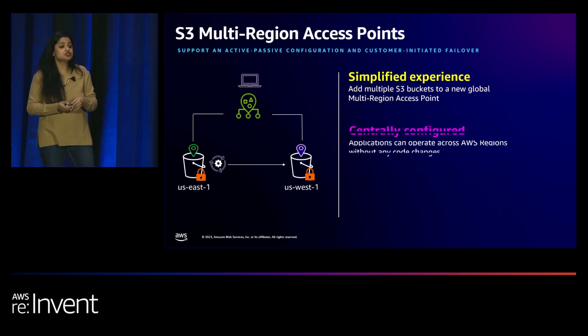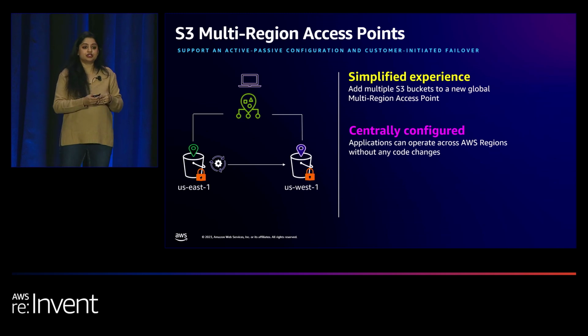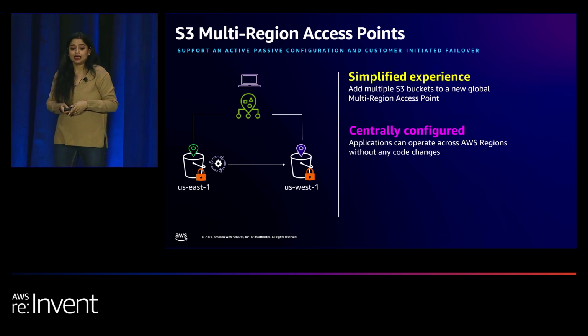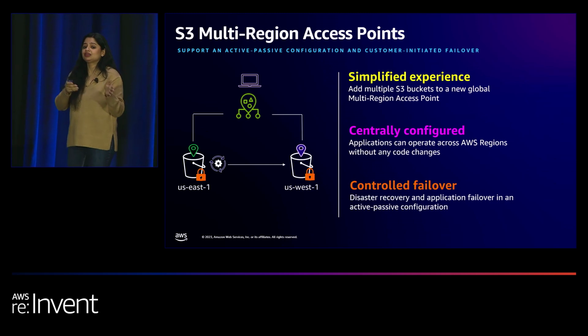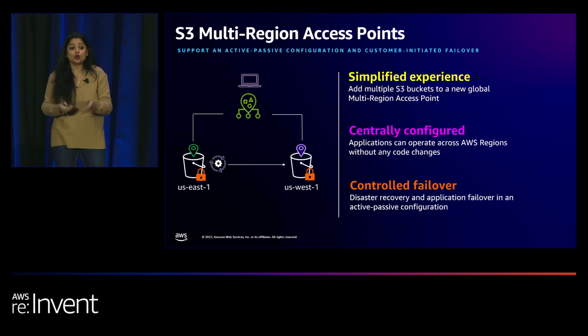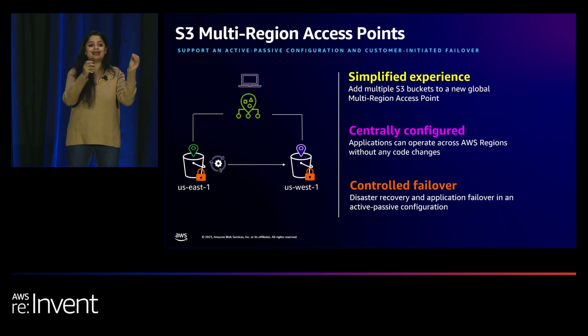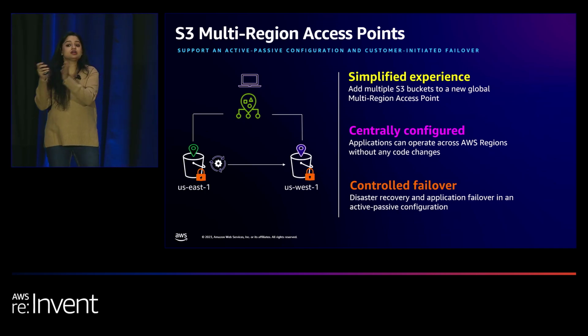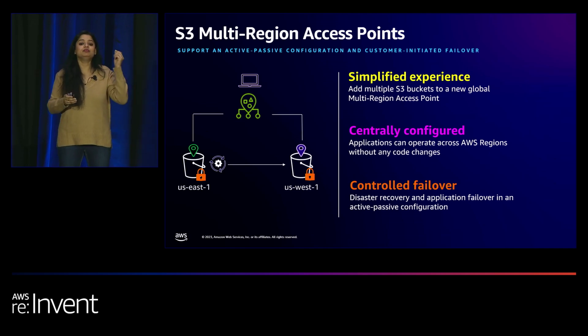It also helps to centrally configure your applications by routing requests to a single global host name instead of to specific AWS regions. And finally, it supports an active-passive configuration with customer-initiated failover, which lets you operate in an active-passive environment and initiate failover to a secondary AWS region within minutes.